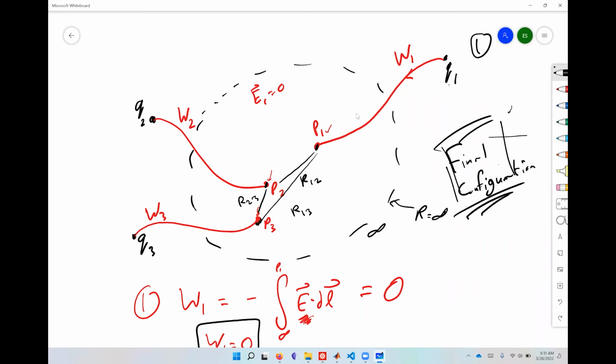We can examine what happens if I bring in the charges in a different order. And then I know for sure, because the field at the end will be the same, that that energy should be equal. Because what matters is the final configuration of the charges.